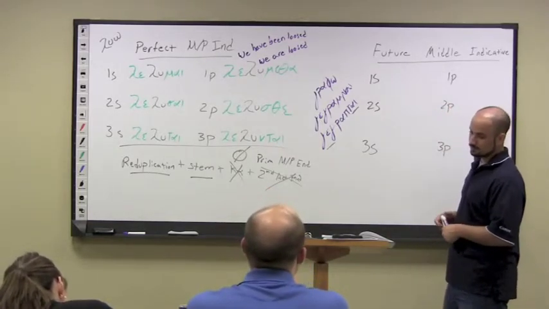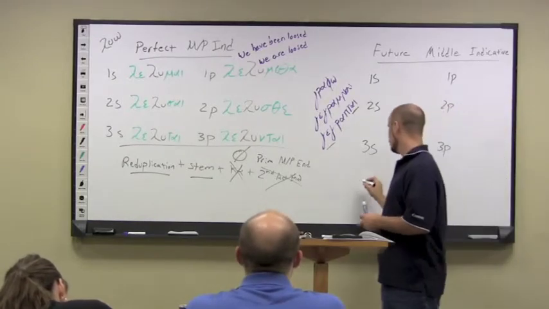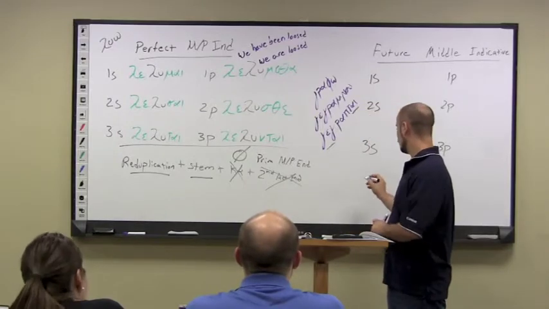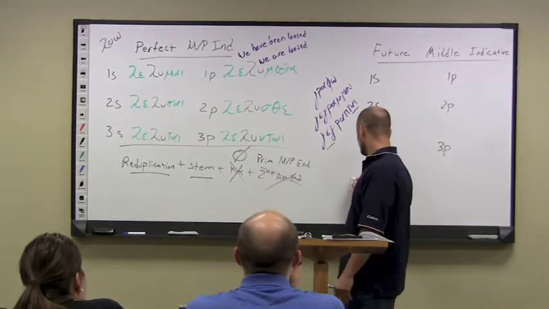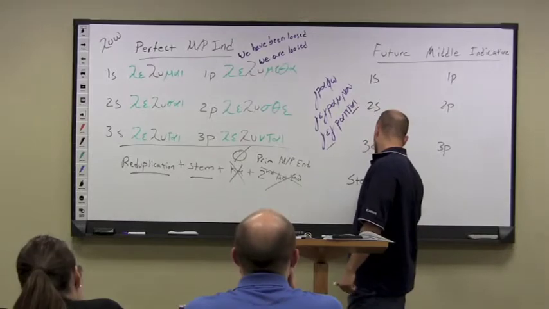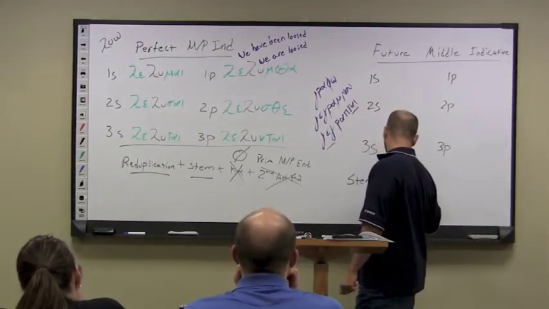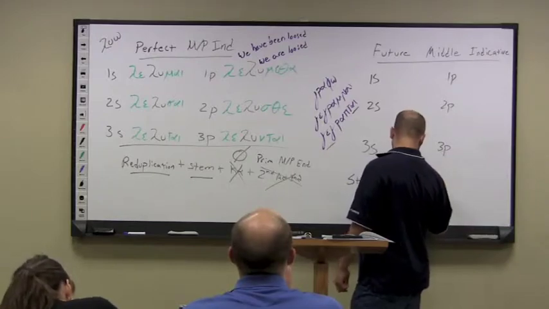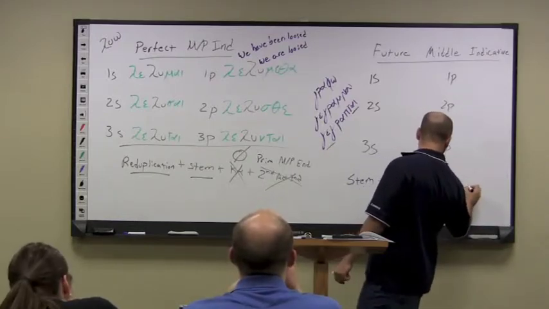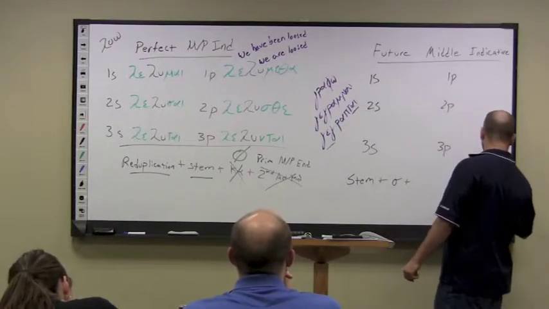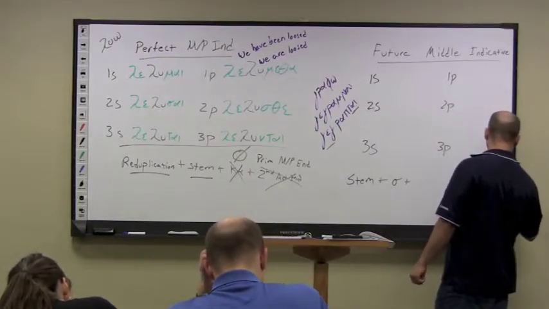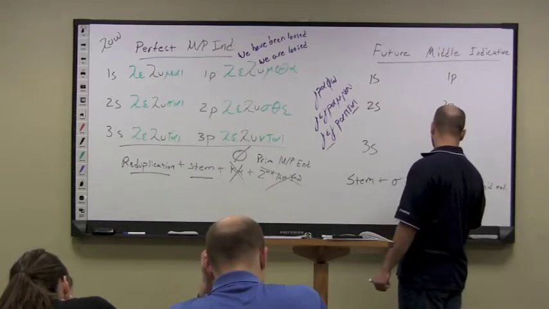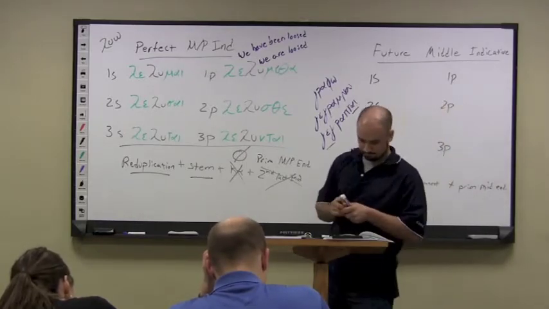So for the future, how did we build our future before? Good, but walking through it, stem plus primary active endings. Good, and for this, it's going to be primary middle endings. And we are going to have a connecting vowel for this one.